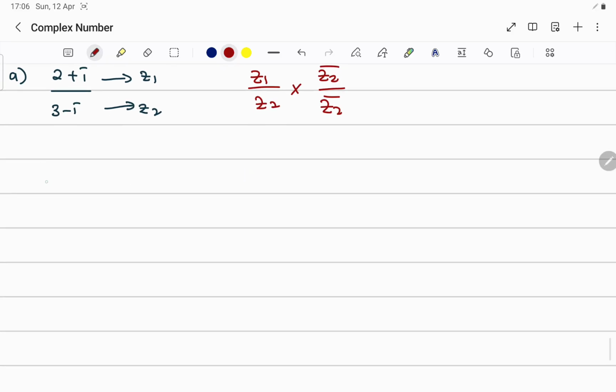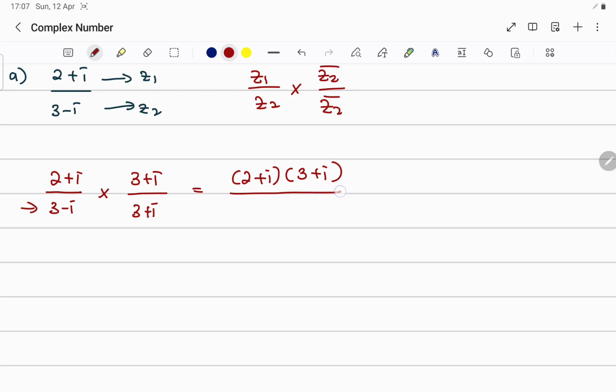So here we have 2 plus i, you copy first, over 3 minus i, multiply with the conjugate of Z2. Our Z2 is 3 minus i, so you change it to 3 plus i. Then you combine: 2 plus i multiply with 3 plus i, divided by 3 minus i multiply with 3 plus i.